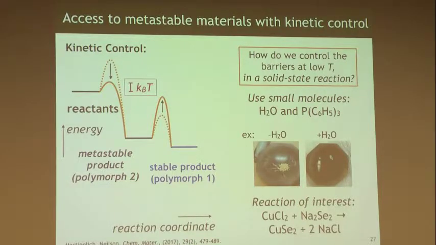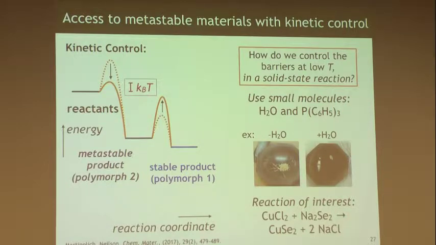We're kind of flipping it. We're starting with solid inorganic reactants. Can we add small molecules to have them transform selectively to a different solid-state product? We've shown this example with water changing a pathway. Can we use water or maybe other molecules like triphenylphosphine?